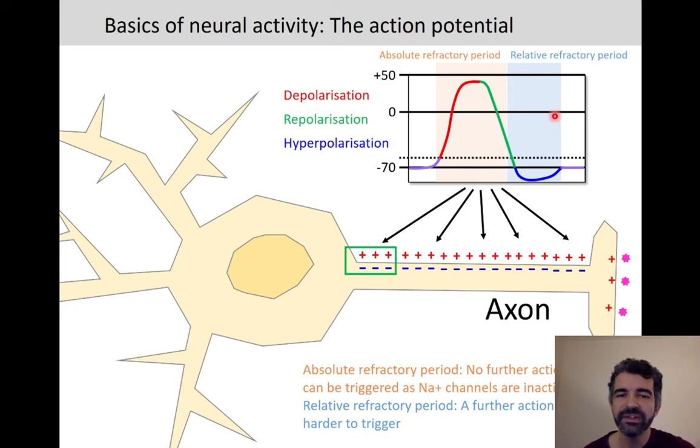And then during this time, this is the relative refractory period. Here a further action potential is possible, but it is harder to trigger. One reason for that is that we're more negative here, so you need more graded potentials to reach the threshold.